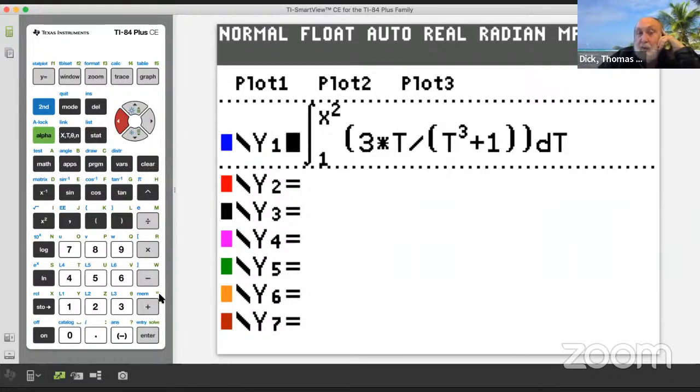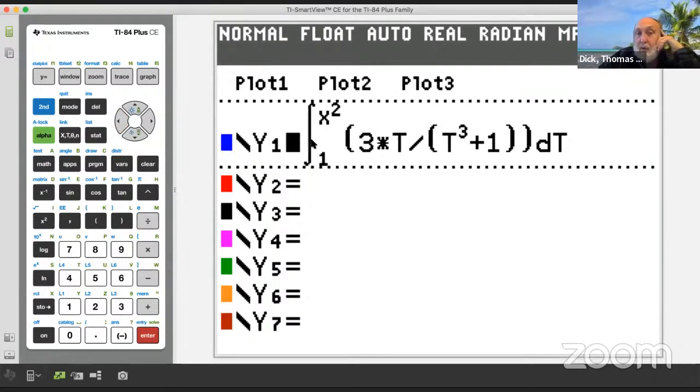The TI-84 is not a CAS machine, but what it's going to do is for each value of x, it's going to numerically approximate this definite integral and plot that point. So for every pixel across the screen, it's computing this complicated definite integral. Let's take a look at how it does.